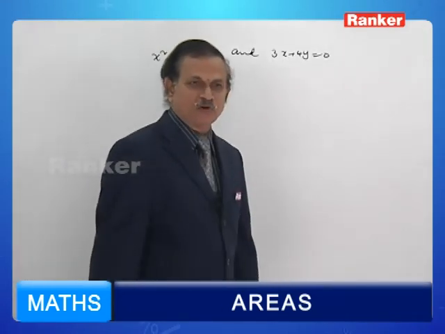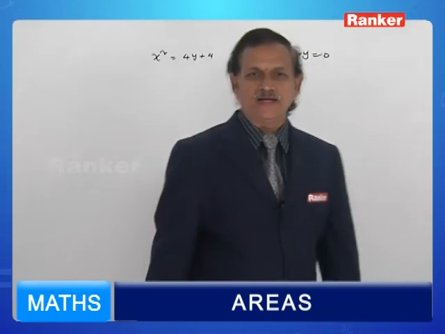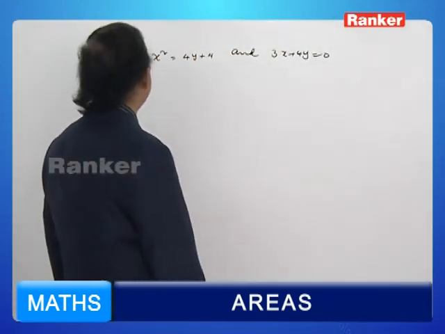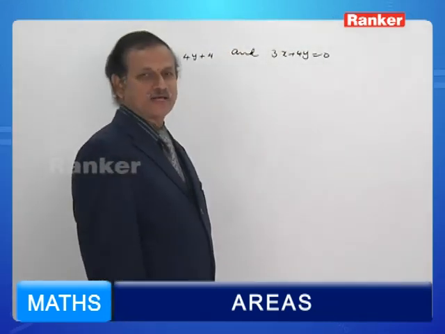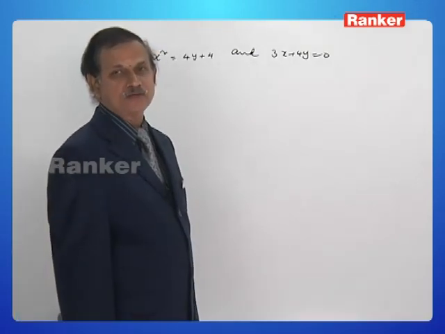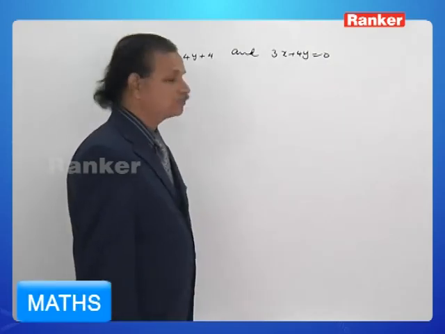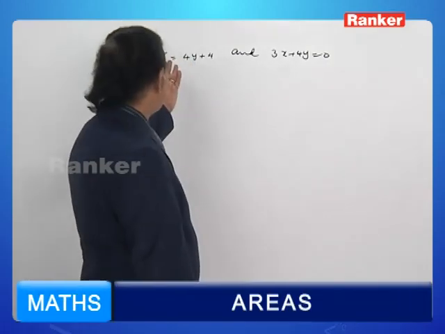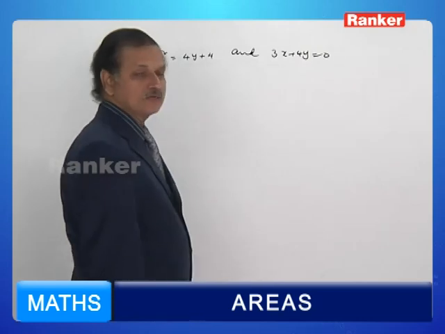The next question before us is find the area bounded between x square is equal to 4y plus 4 and the line 3x plus 4y is equal to 0. We know everything about x square is equal to 4y plus 4.